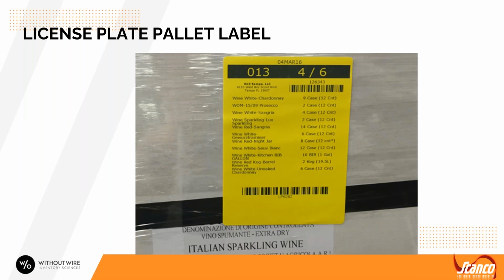I wanted to show a typical license plate label. If you're not familiar with license plates, you can think of it as like a pallet tag. But really a license plate is a movable bin, and it has many applications within our system. You'll see a little bit in the demonstration, which will follow. But here's an example where a large order was picked for 6 pallets of product.